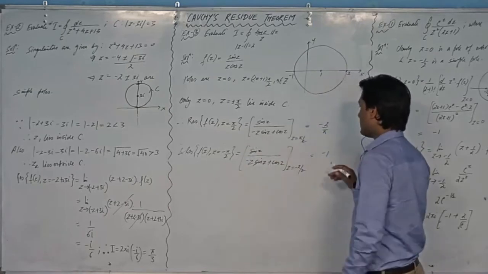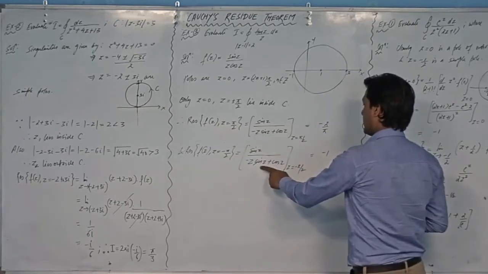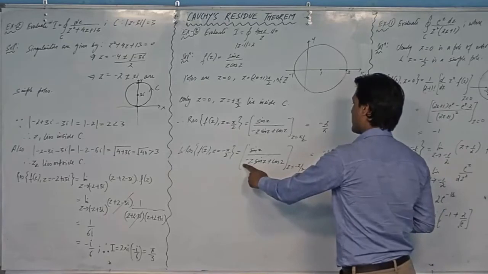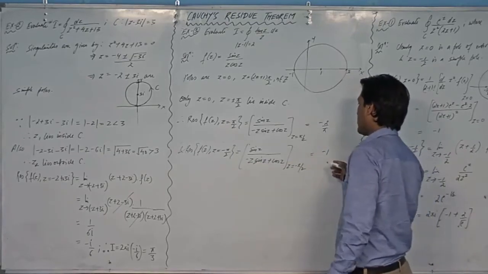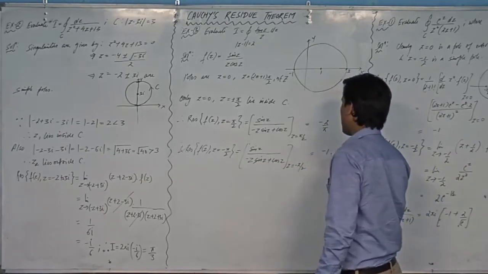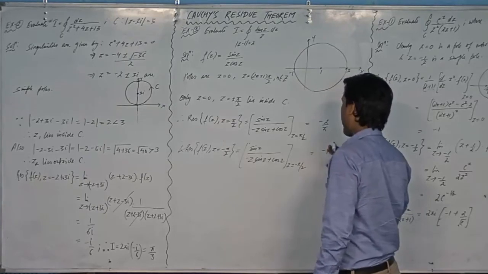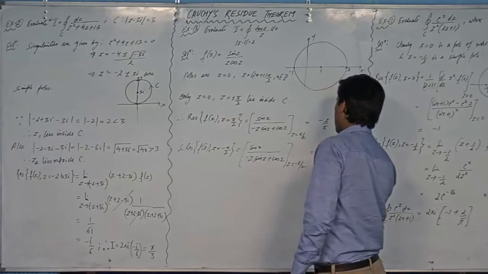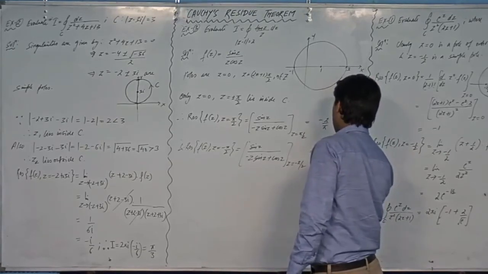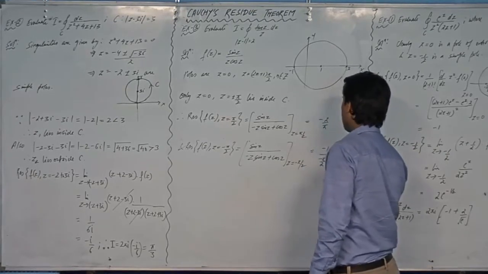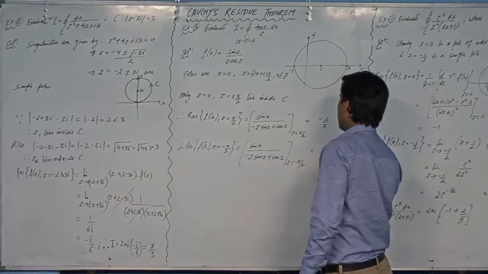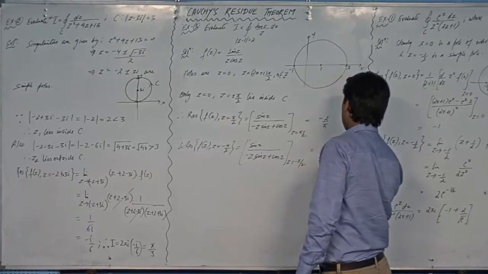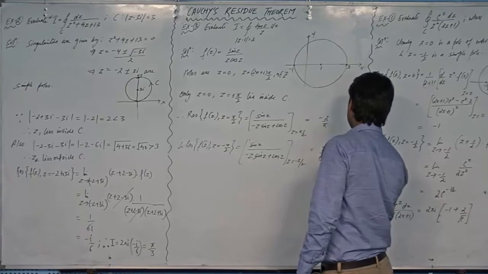Okay. So minus 1, and here this will become plus, right? So ultimately it will become 2 by pi again, if I am not wrong.